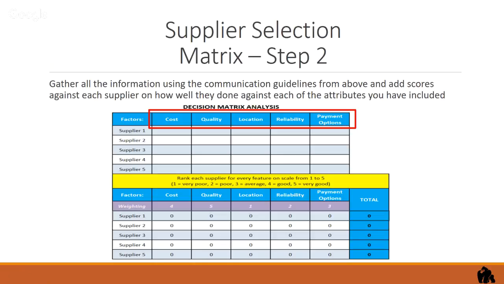You'll also see we need to gather all the information using the communication guidelines that we talked about previously. Add scores against each supplier on how well they've done against each of the attributes you included. Okay, so supplier 1, we'll be looking at cost, quality, location, reliability, payment options, and giving them a score. Same with supplier 2 and 3, and hopefully we'll get some numbers out of the bottom.